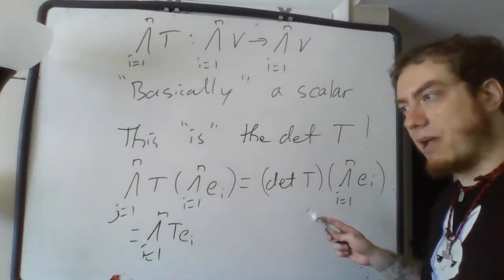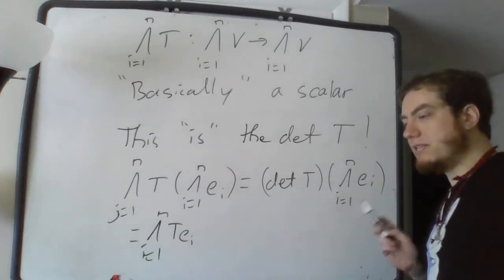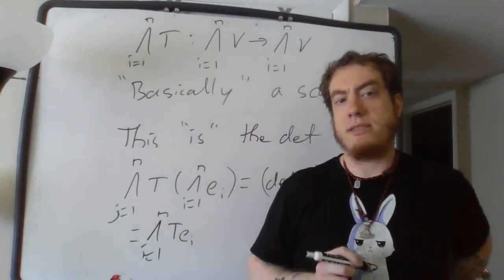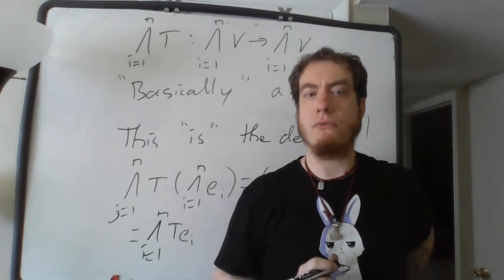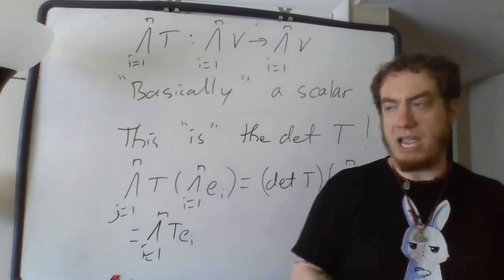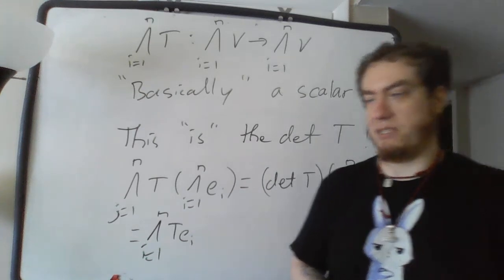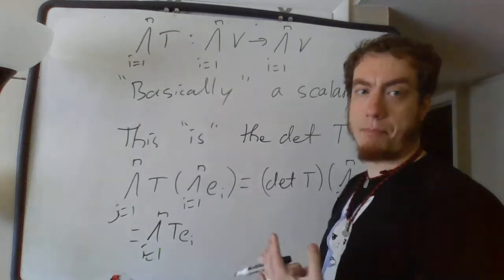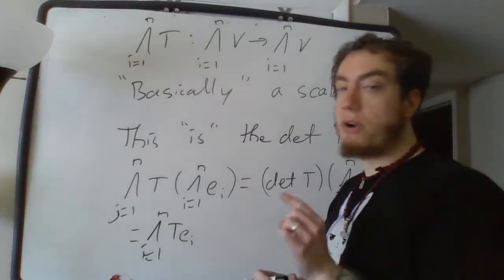So why would you care about this definition? Well, to reiterate, the reason that I care about this definition is because I don't necessarily want to think about things in terms of a specific basis and a matrix. I don't necessarily want to have to specify a basis. I don't necessarily want to represent my linear operators as matrices. There are very good reasons to do so.